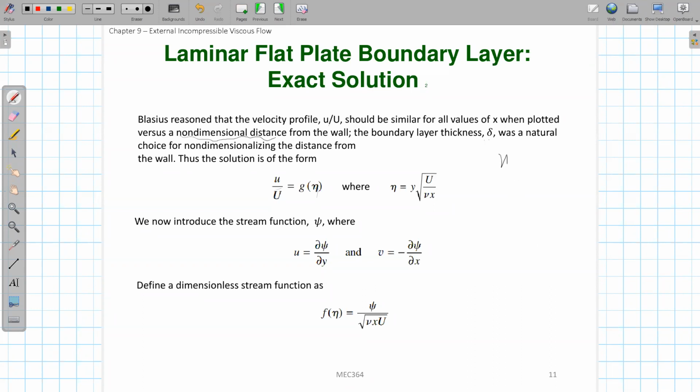We can assume that this eta is approximated by y over delta, because the profile is similar when plotted versus a non-dimensional distance from the wall. So y over delta will be that non-dimensional distance, and u over U is only a function of eta.